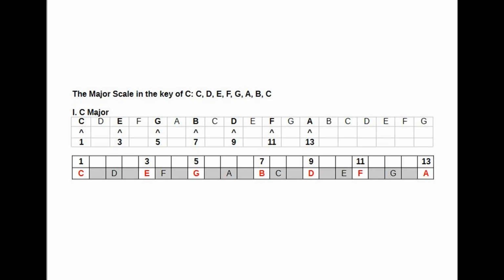If you look at the little table below that, it's basically laid out on the scale starting at C, and you can see where the semitones are causing the relationships between the notes. You have here a C major chord with a major third, natural 5, and a major 7.